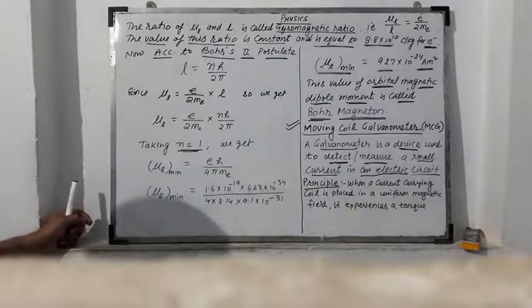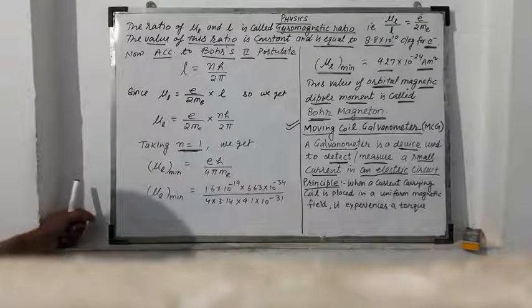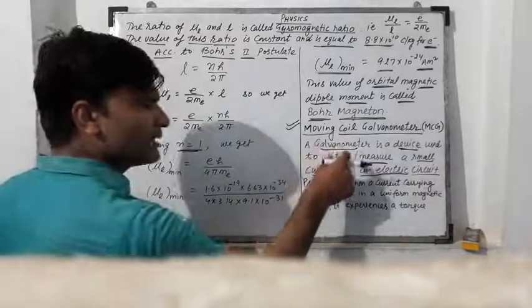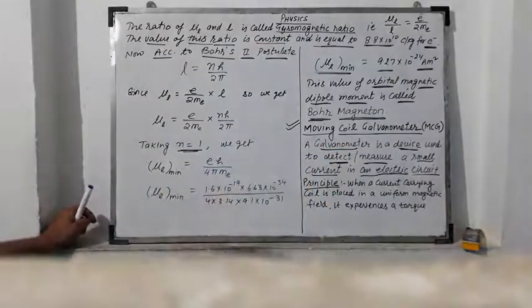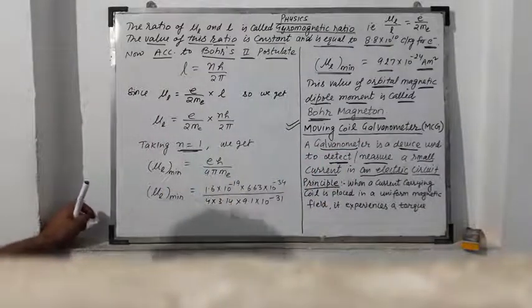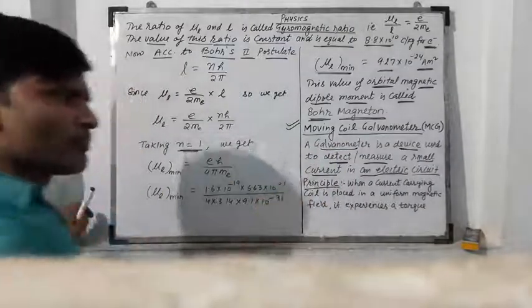When a small current is flowing in an electric circuit, the galvanometer can detect a current of even microampere.